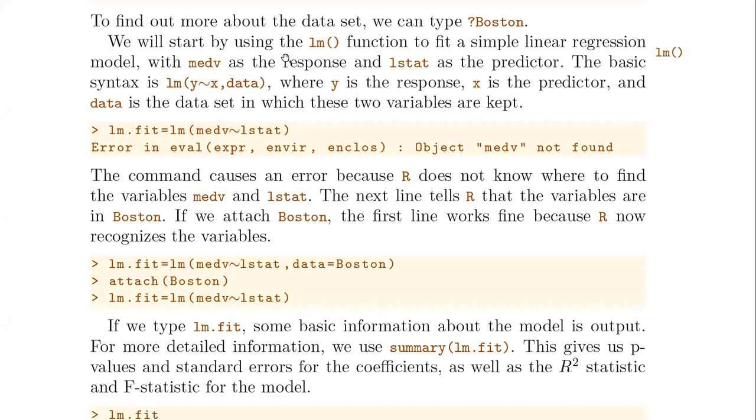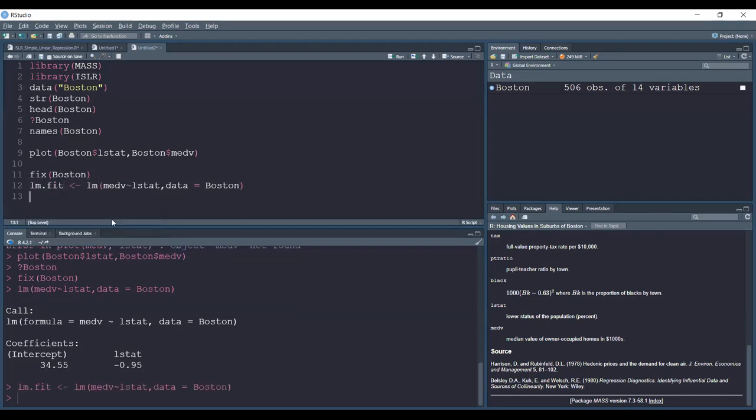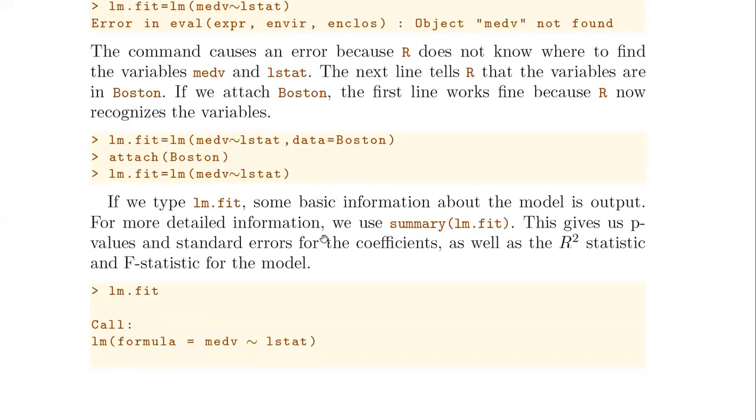We normally use the arrow to define, and it is lm.fit. Okay, and now we have it over here. It's a data object. So you get an error this way.